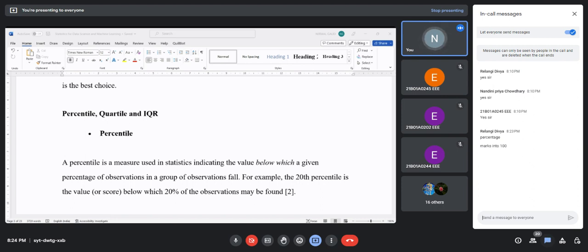Marks into 100. That means the total marks, divided by the number of subjects, and then you need to multiply by 100. Is that the case, or something else?